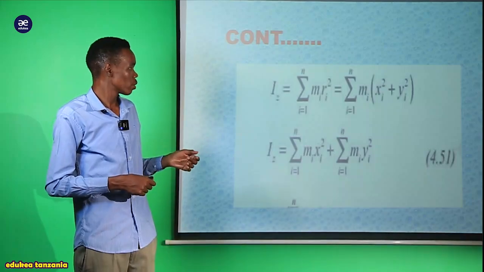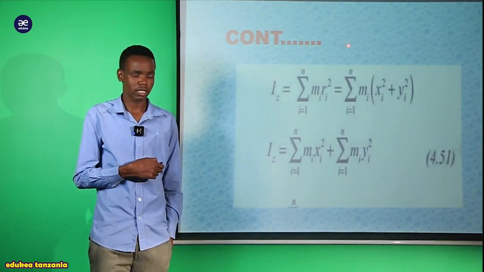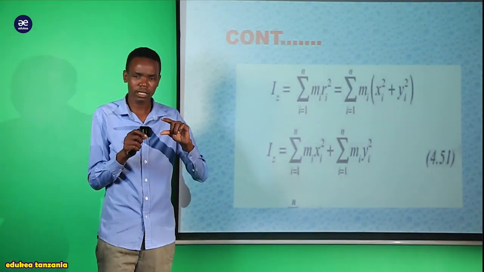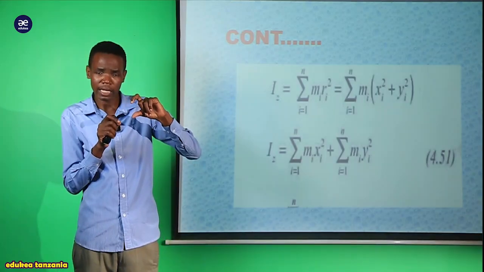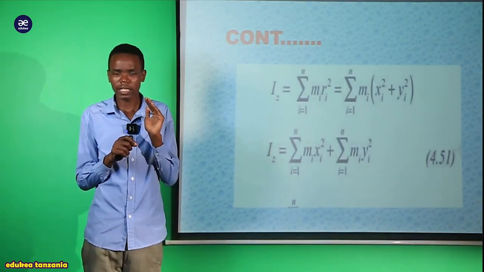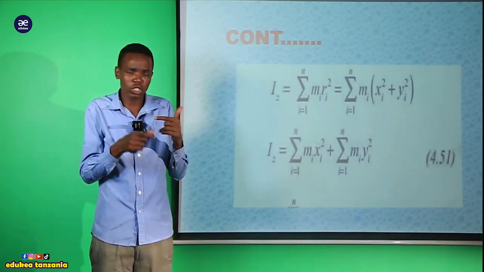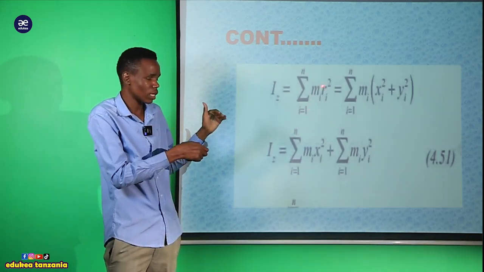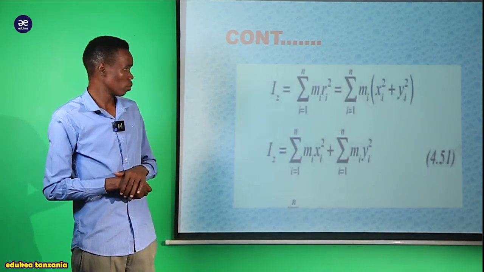So finally, we could say that the moment of inertia along the axis must be equal to the summation of the mass mi times ri square, where i starts from 1 up to n terms. It means kwamba tunapokuwa na particle nyingi tutazizungusha kutoka particle ya kwanza mpaka particle ile ya mwisho kama anavyojaribu kuonyesha.